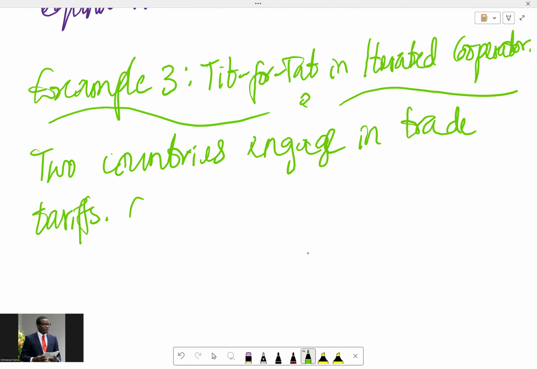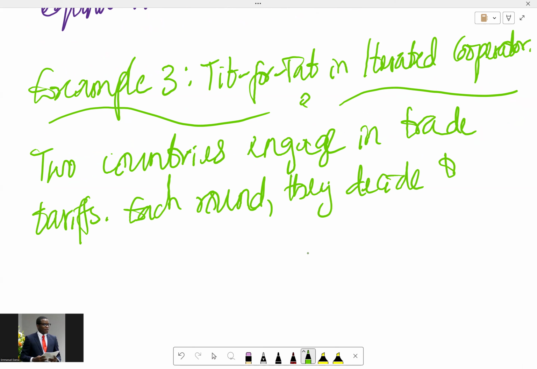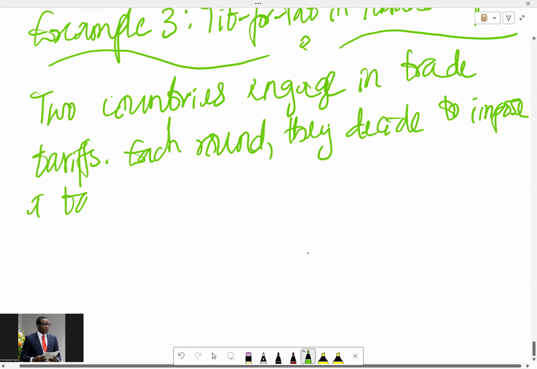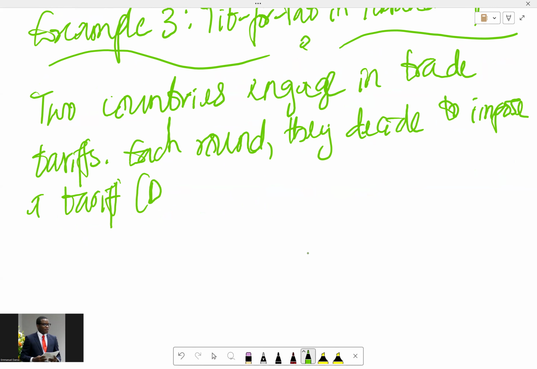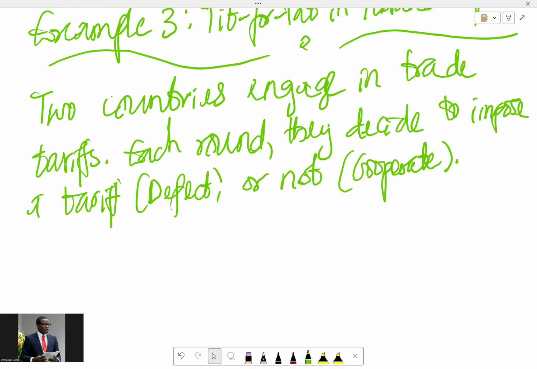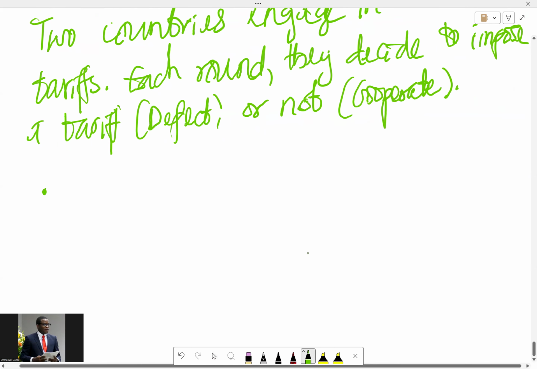Each round, they decide to impose a tariff, and that is more like defecting or not. When they impose a tariff, they defect. When they do not impose a tariff, they cooperate. So what happens? Tit for tat strategy.